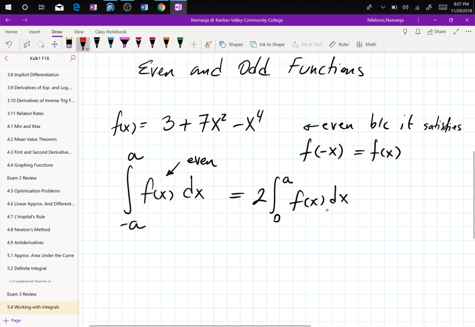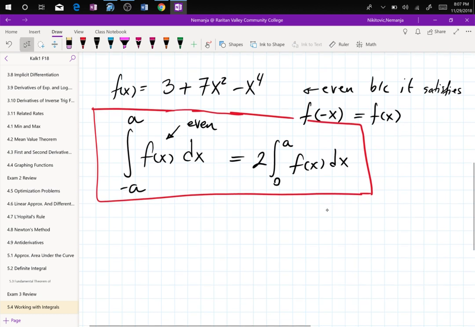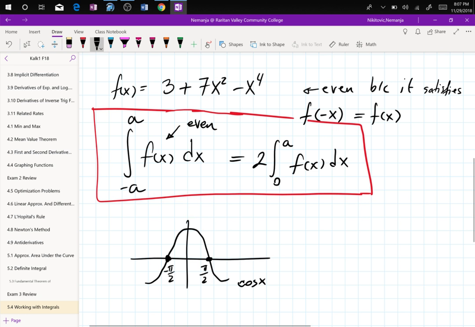It's clear when you draw the picture what's going on. If you have the function which is symmetric, like let's say a cosine function, right? This is cosine x, and you're looking for the area under the cosine function between negative pi over 2 and positive pi over 2.